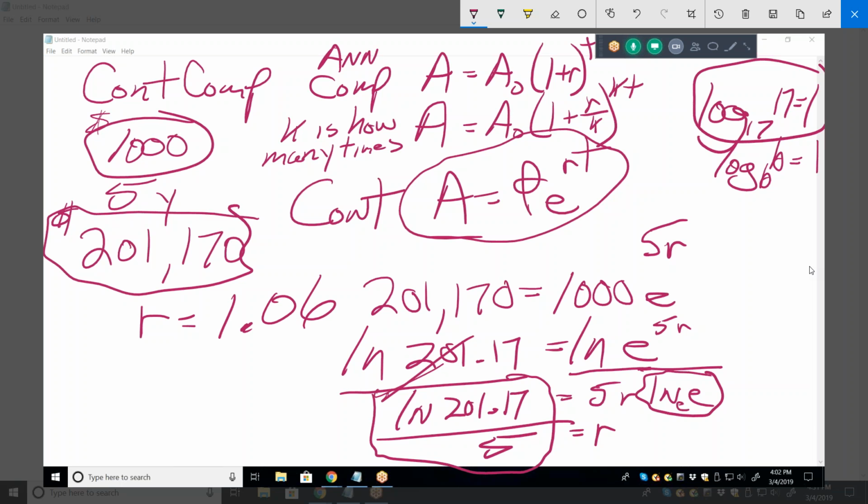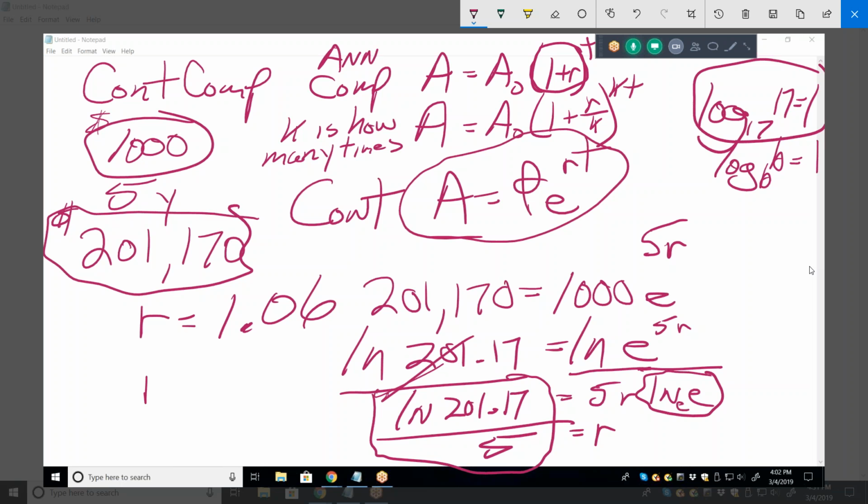That means he's getting a 106% interest per year. Nobody pays that. Right now, banks are paying like 3%.